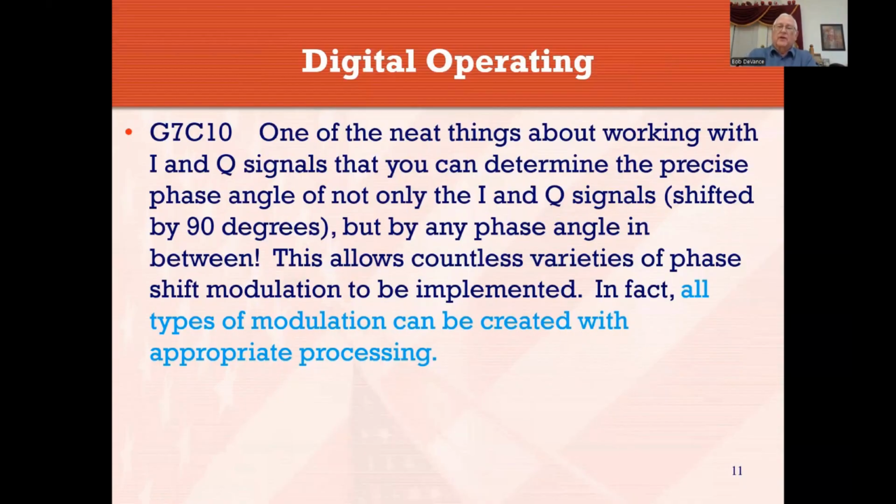We can do our electronic processing, and we can pretty much do anything we want to with that signal. The sound cards we're using today are detailed enough and have enough power, and our computers have enough power to process it, that we can make those things sing and dance if we want to. All types of modulation can be created with the right kind of processing, dealing with input and phase-shifted signals.